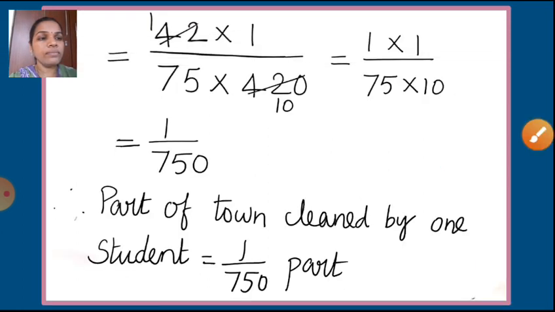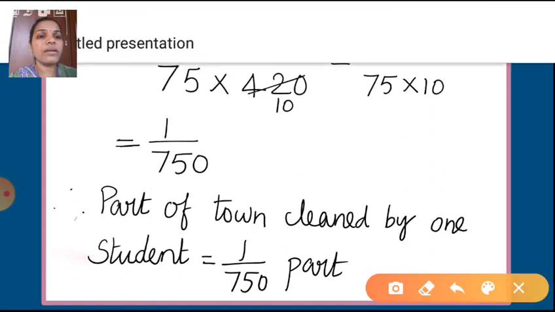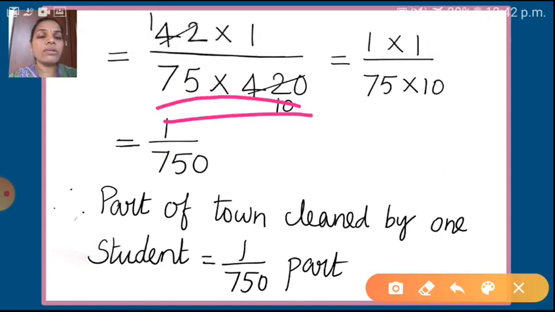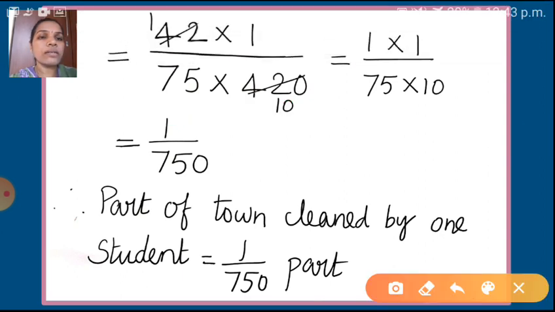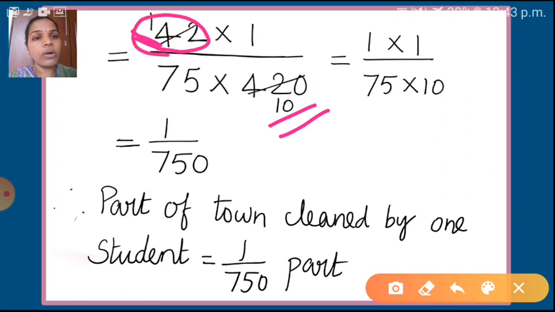So in this step you have to say 42 into 1 upon 75 into 420. Here 42 is a common factor, so we can cancel these numbers. 42 ones are 42 and 42 tens are 420.